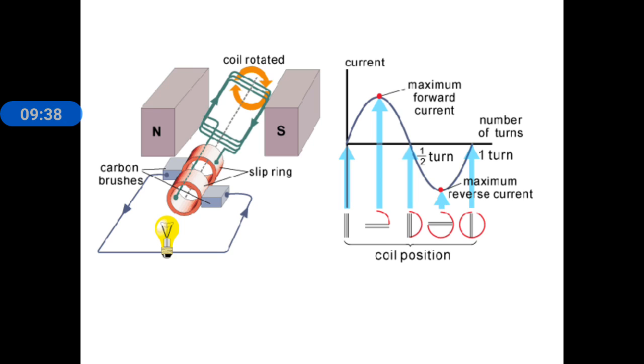So the coil position is parallel, perpendicular, parallel, perpendicular, parallel. In the parallel position the value is 0, in the exactly perpendicular position it is the maximum value, and in between it depends upon the sine function, which gives a value.